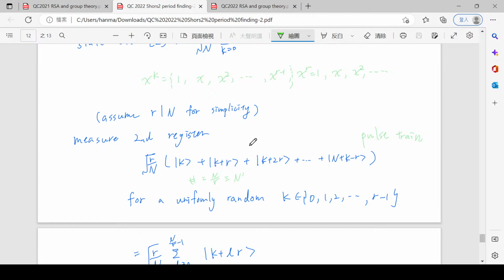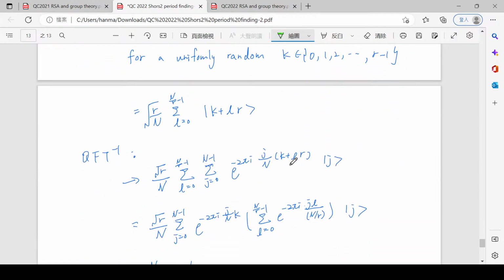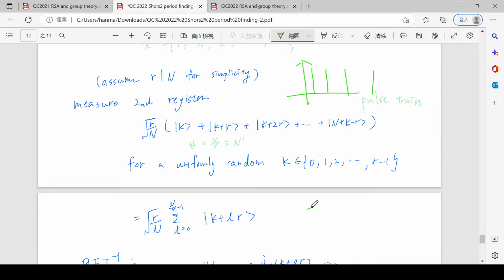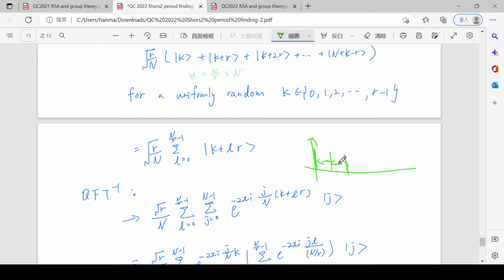Then we can look at this like a pulse train, and we can get some intuition by thinking of it as a pulse train in terms of signals. It's equally spaced. Then we do an inverse Fourier transform, or Fourier transform, and we get another pulse train, but the starting point becomes 0.